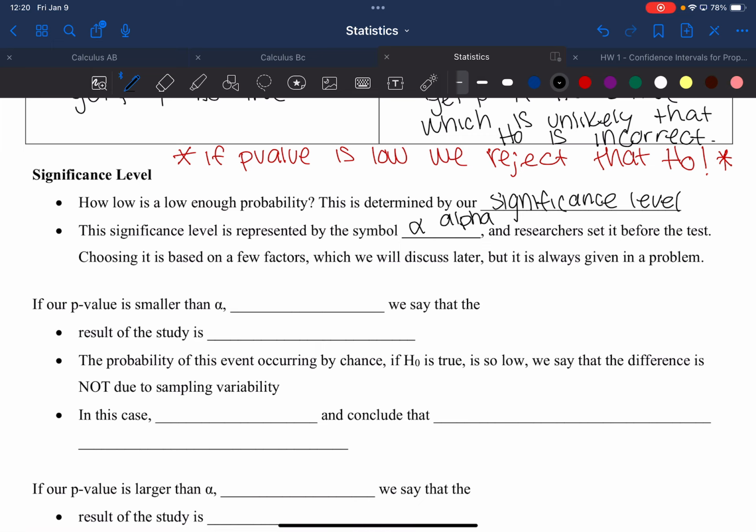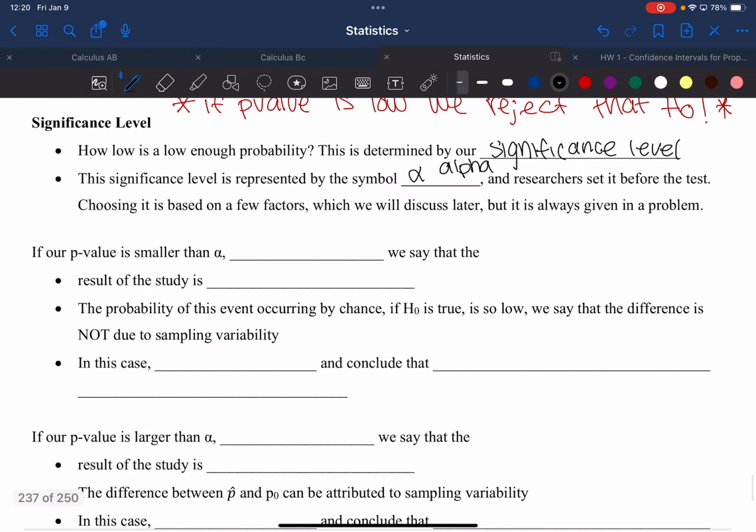Just like you make your initial hypothesis before the test, you're going to set what your initial alpha value is. Choosing it is based on a few factors that we'll discuss later. If our p-value is smaller than alpha, so that means p-value is less than alpha, we say that the result of the study is statistically significant.